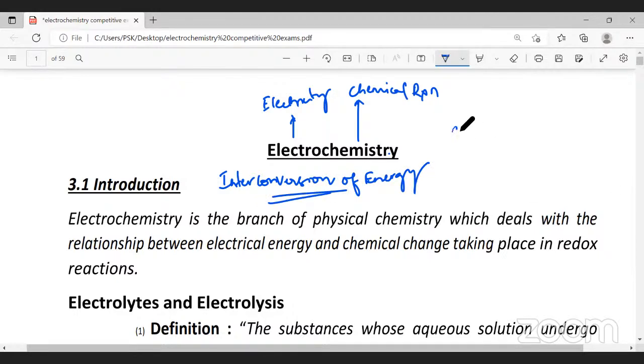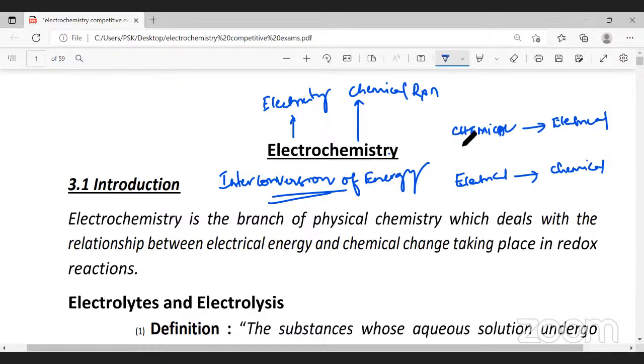Chemical energy can be converted into electrical energy. Likewise, electrical energy can be converted into chemical energy.